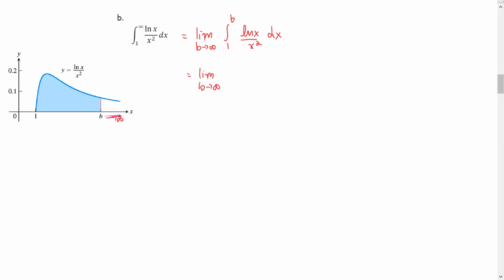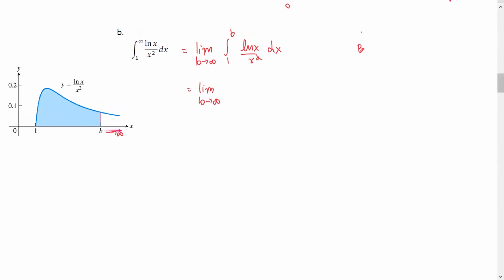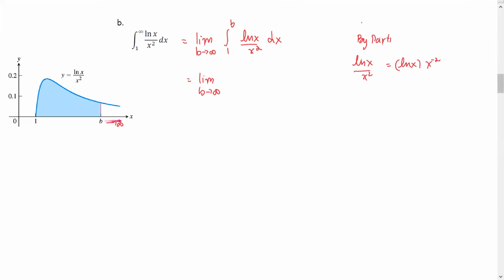Evaluate the definite integral. As we have natural log x divided by x squared, we use integration by parts. The natural log x divided by x squared, or we can write it as natural log x multiplied by x to the negative second, which is the product of two functions. Use it to identify the two types of the function to define the u and the dv.